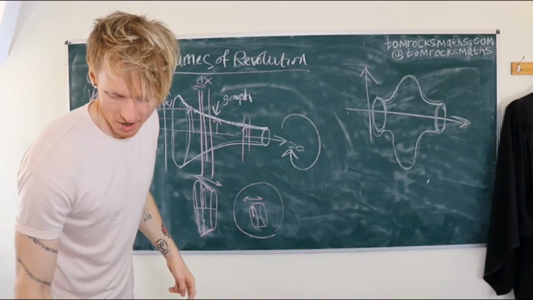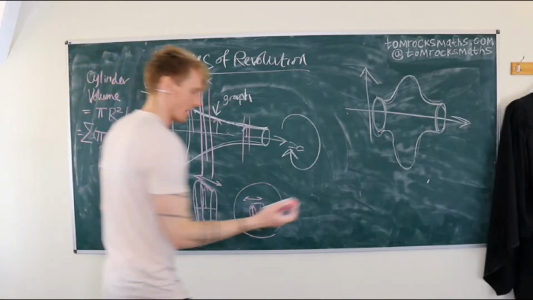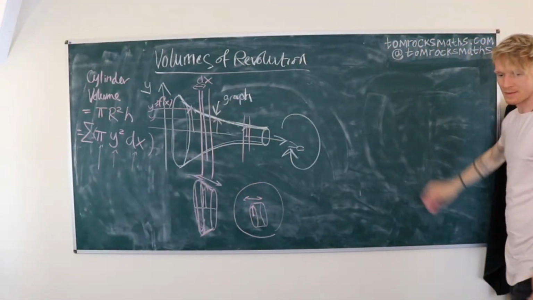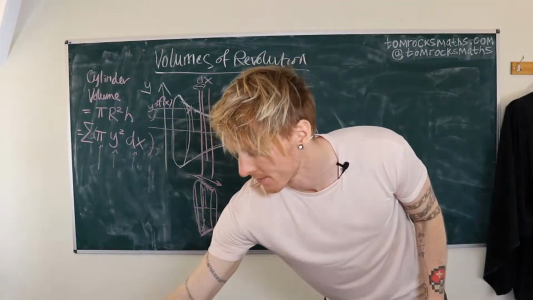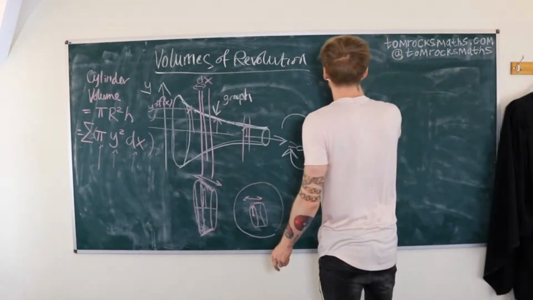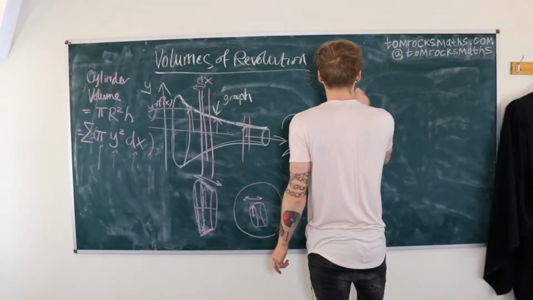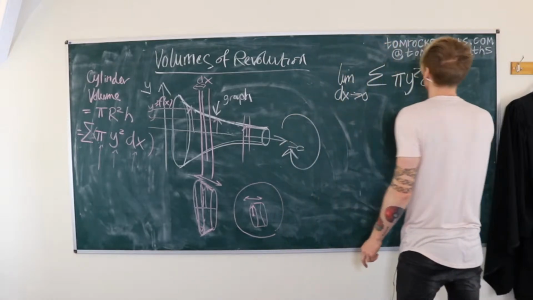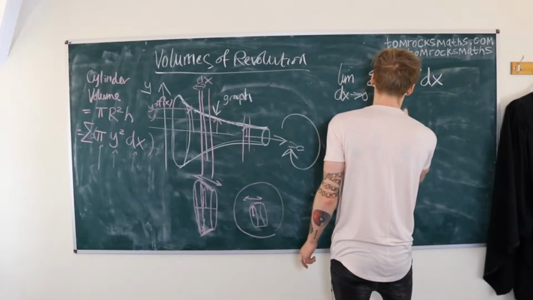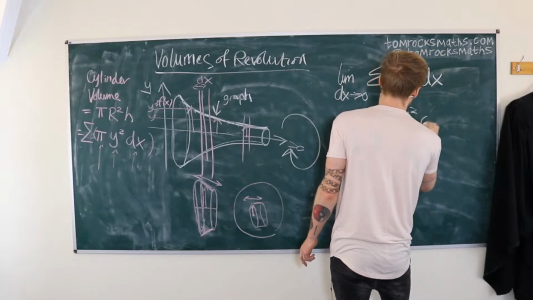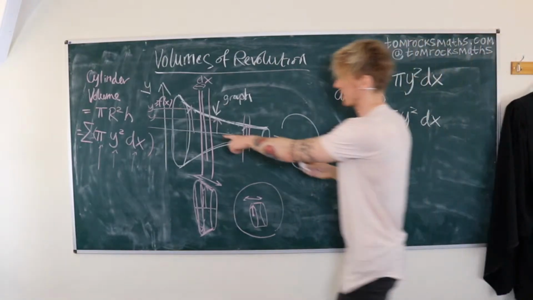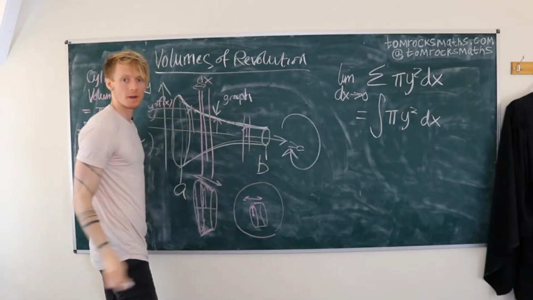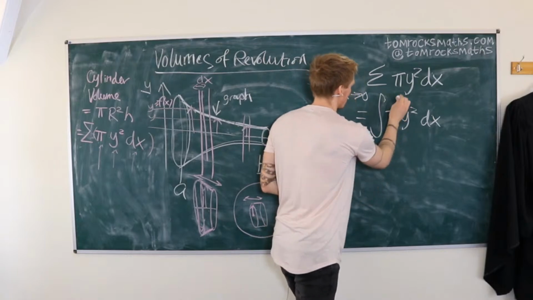Now, just like with our integral, I'll rub off my fun-looking graph. What we want to do is the limiting process and let dx go to 0. So the limit as dx goes to 0 of this sum, pi y squared dx, gives you the integral of pi y squared with respect to x, where we're integrating from the value a to the value b.